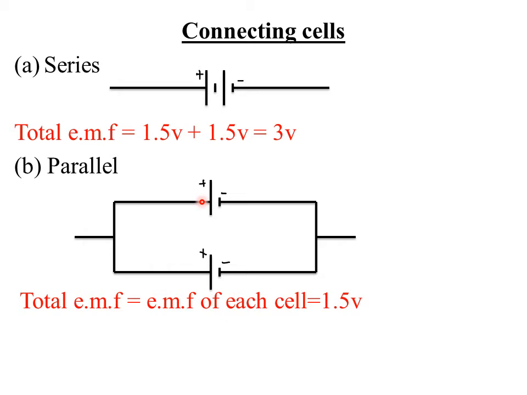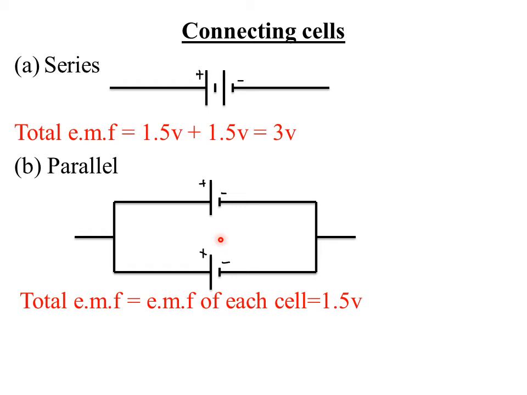Because of that, when cells are connected in parallel, they will last longer, because the resistance offered to the flow of charges is lesser. Unlike in series, where the resistance offered to the flow of current is greater. Therefore, when cells are arranged in series, they cannot supply current for a longer period, whereas in parallel they can supply current for a longer period, because the resistance offered to the flow of charges in parallel is small.